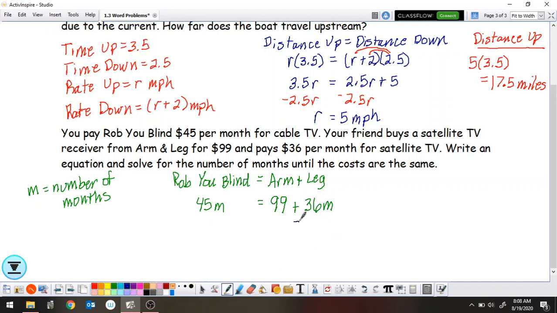Then we need to subtract 36M, and we have 9M equals 99. Divide by 9, and the number of months is 11 months.